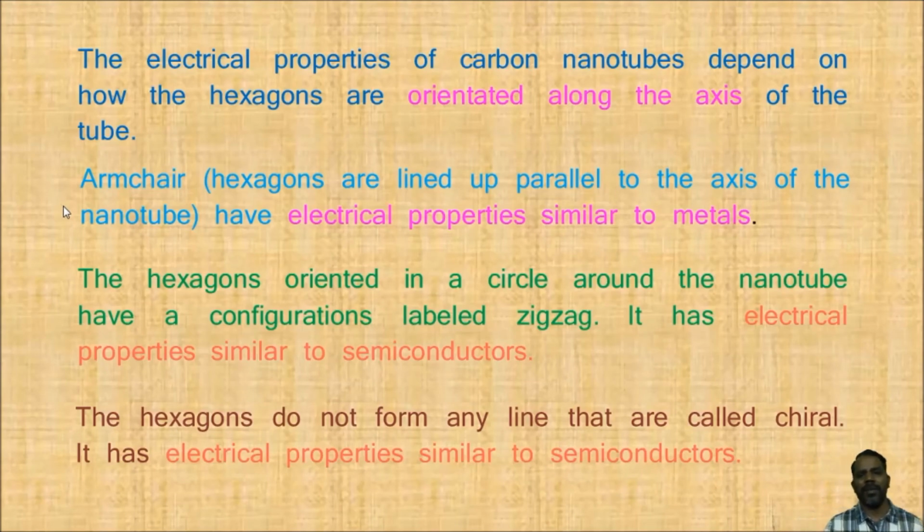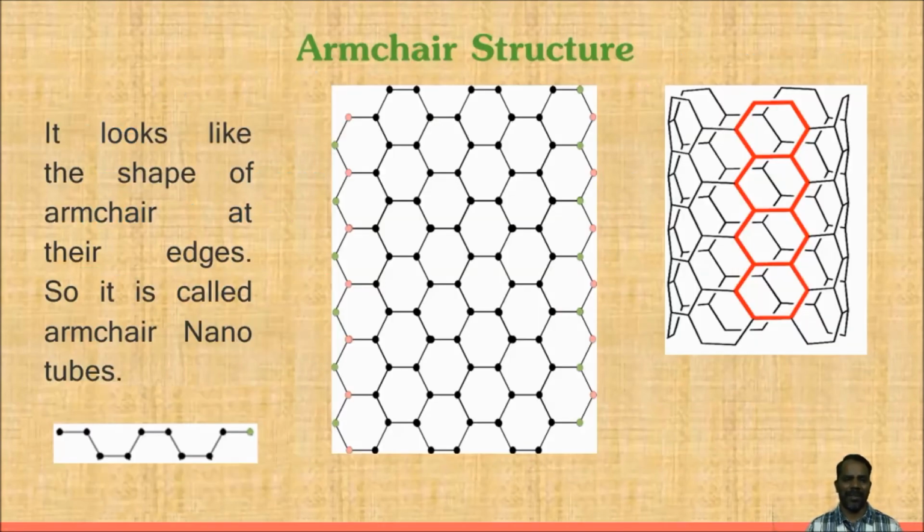The electrical properties of carbon nanotubes depend on how the hexagons are oriented along the axis. In the case of armchair, the hexagons are linked parallel to the axis of the carbon tube. Hexagons oriented in a circle around the carbon nanotube are labeled zigzag. If they do not form any such line, they are called chiral.